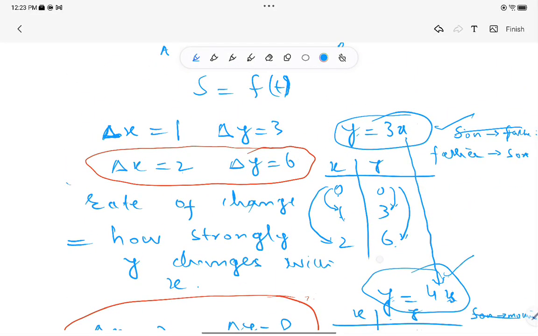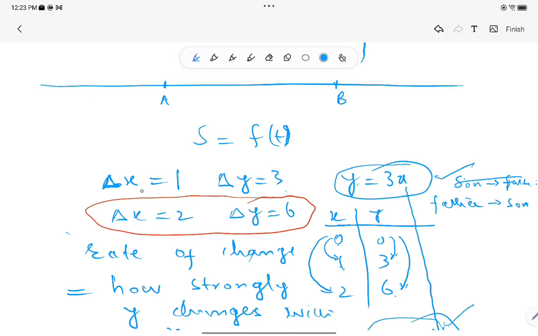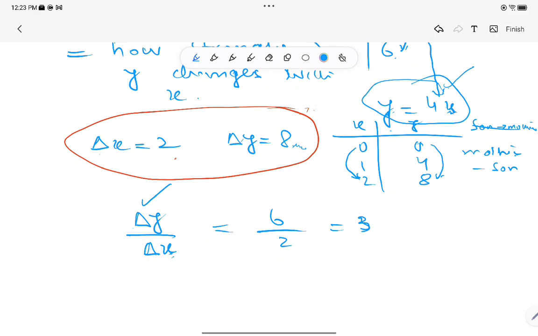When delta x is changed by 1 unit, delta y changed by 3. So you have two methods. Either you directly change x by 1 unit and find by how many units y changes, or you let x change by any number of units, but then divide the total change in y by that number. And that is the same thing as changing x by 1.